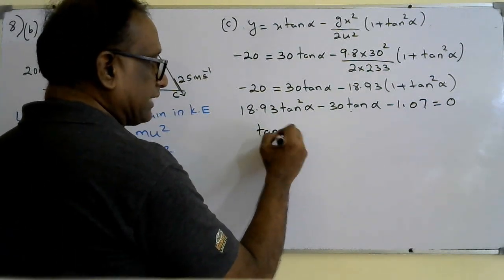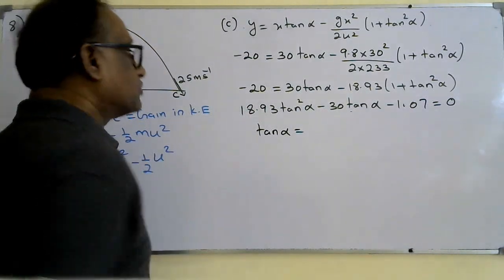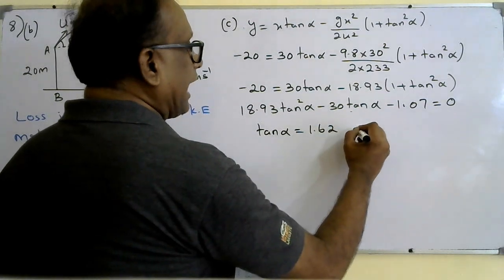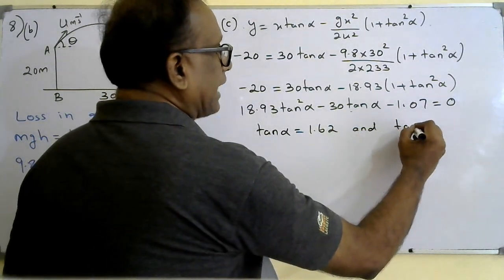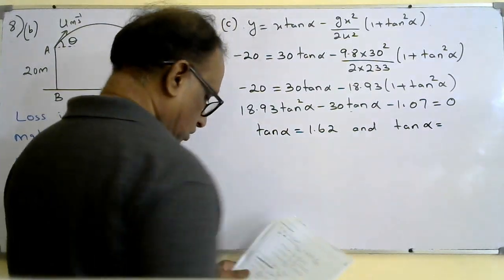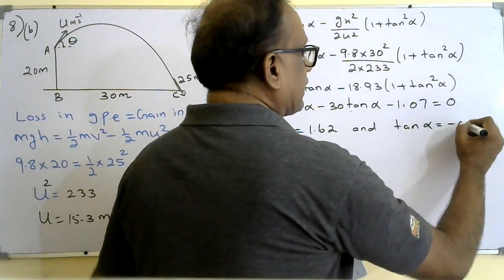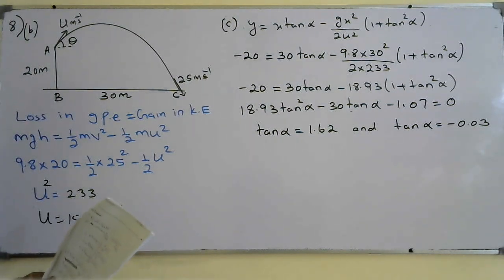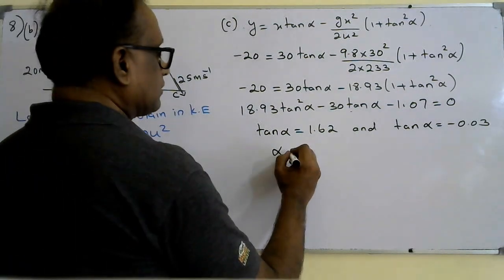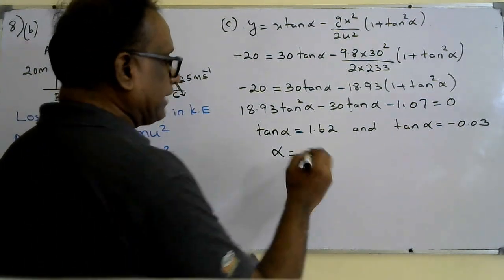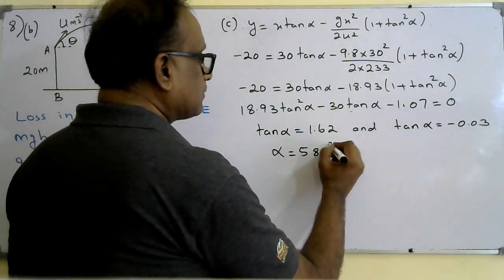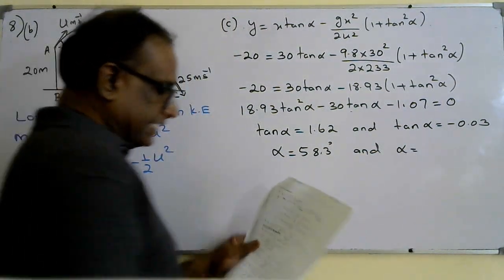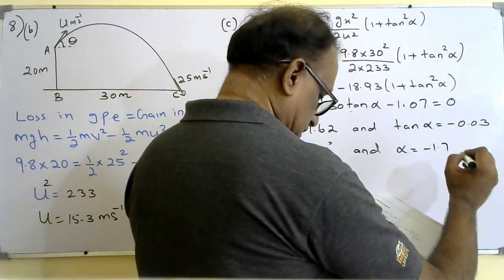So if you solve it, tan alpha is equal to either 1.62, and, since it's a quadratic equation, tan alpha is equal to minus 0.03. That means if you solve it, take tan inverse, you will get alpha equal to 58.3 degrees and alpha equal to negative 1.71 degrees.